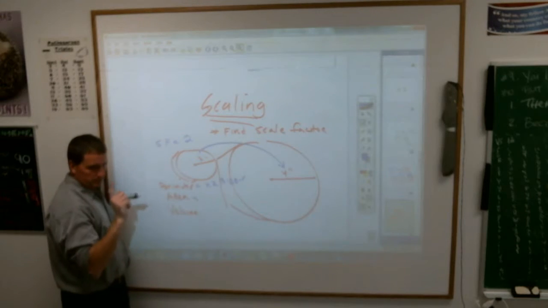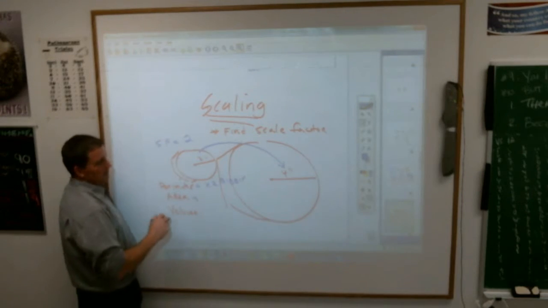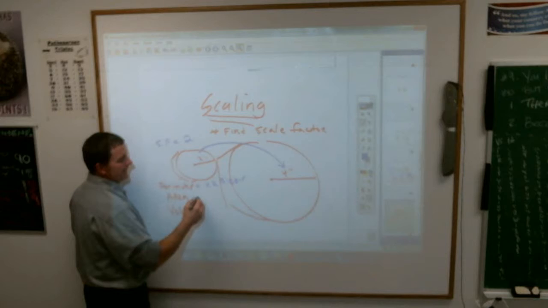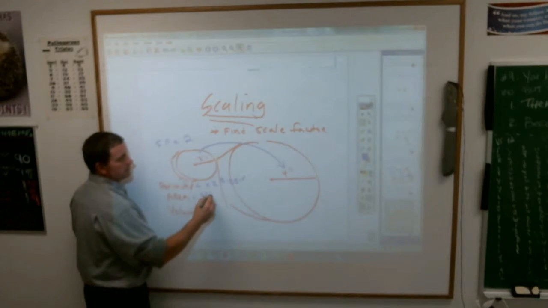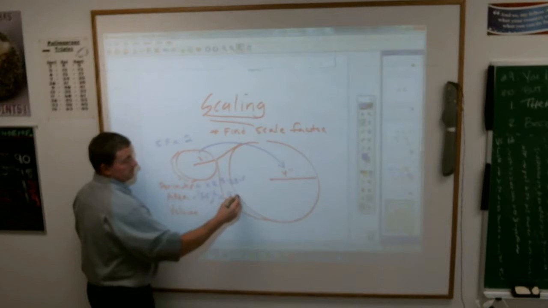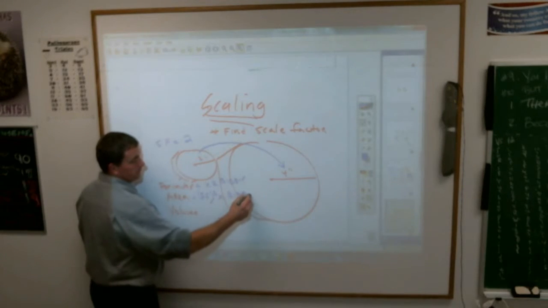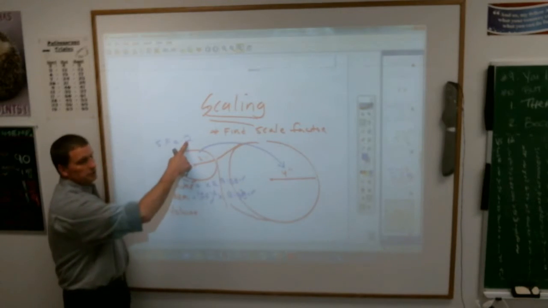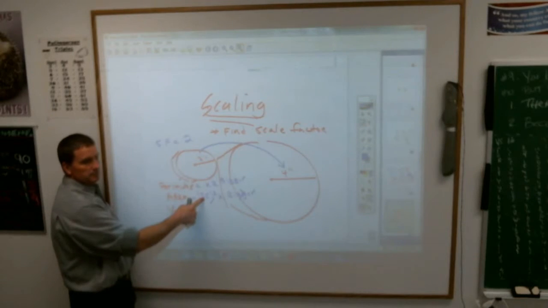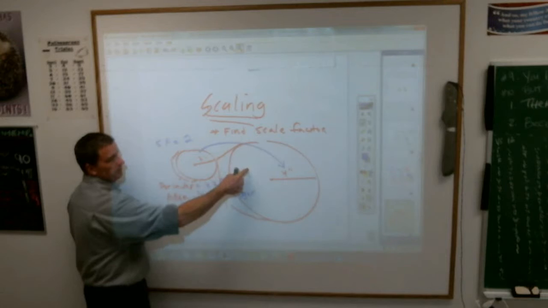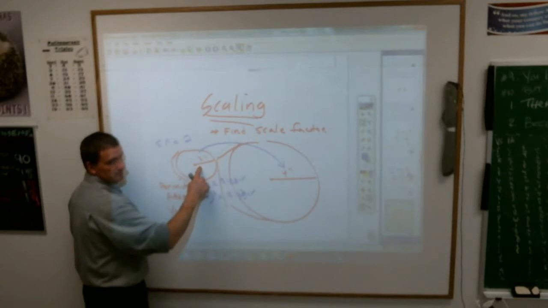The area, here's where it gets a little goofy, is the scale factor squared times bigger. So if the scale factor was 2, what is 2 squared? 4. The area of this one will be 4 times the area of that one.